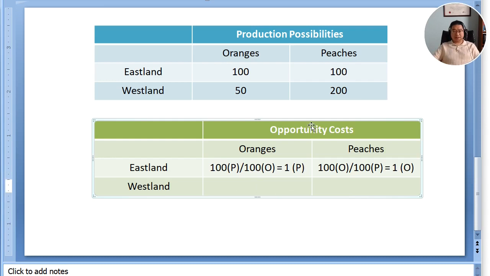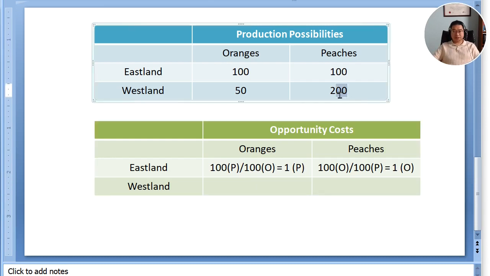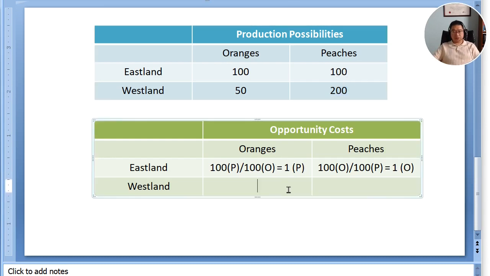Now how about Westland? For oranges, it's 200 divided by 50, and that is actually 4. Means what? For each box of oranges in Westland, I have to give up 4 boxes of peaches, not 1 box. And how about peaches?